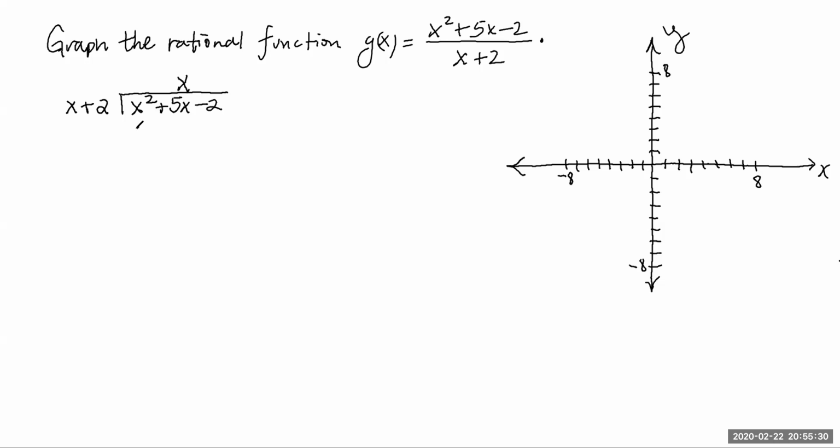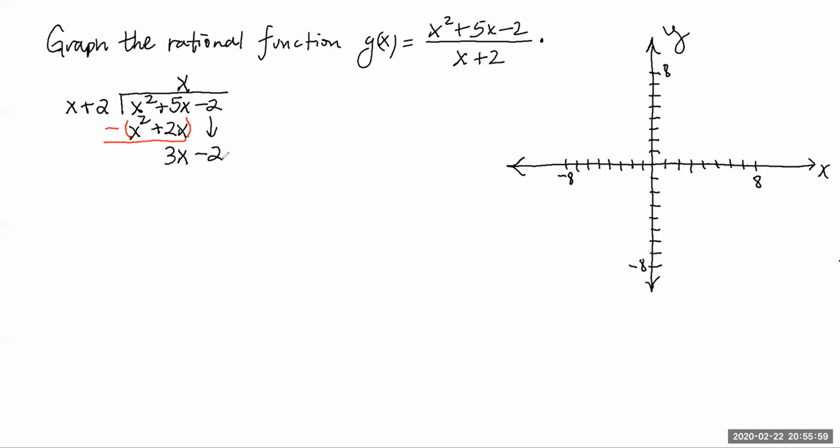Now we multiply, so we'll get x squared plus 2x. Now we need to subtract. And when we subtract here, we get 5x minus 2x. So we get 3x. Now we need to bring down the subtract 2.